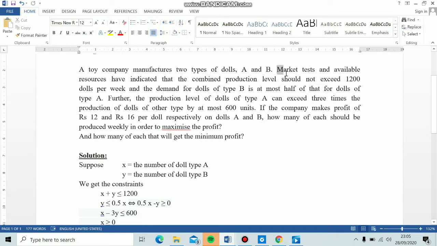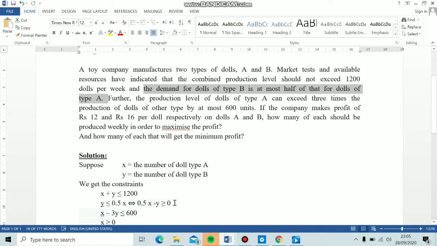From this, market tests and available research have indicated the combined production level should not exceed 1,200 tools per week. We have this constraint, and then next, the demand for dolls of type B is at most half of that for dolls of type A.